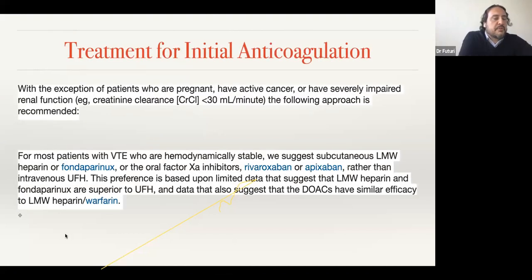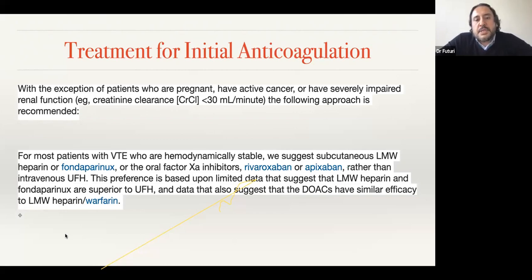So for initial anticoagulation, for most patients who are stable hemodynamically, we treat them with subcutaneous heparin or fondaparinux, and then they are usually bridged to either Coumadin or dabigatran.